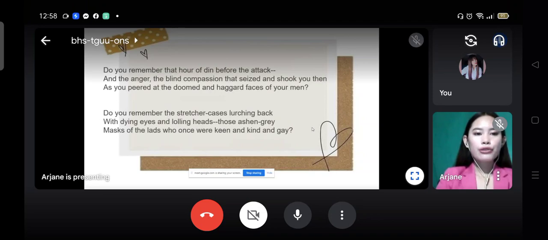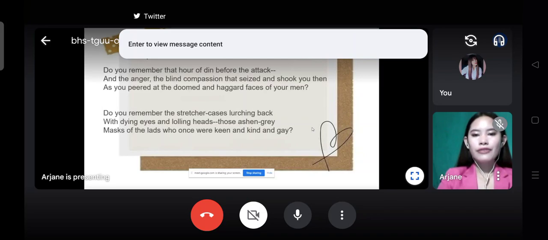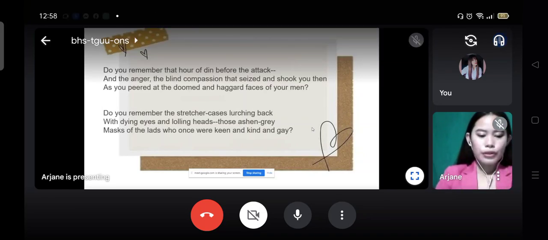And then, do you remember that hour of din before the attack? And the anger, the blind compassion that seized and shook you then, as you peered at the doomed and haggard faces of your men? So the author wants to remember the hour before the attack.